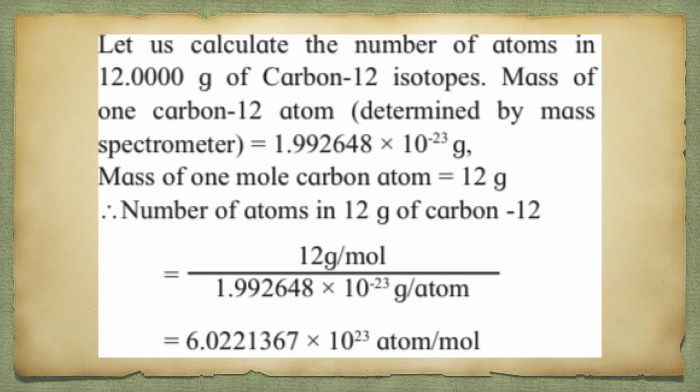Therefore, the number of atoms in 12 gram of carbon-12 is equal to 12 upon 1.992648 × 10^-23. After solving, I get the value as 6.022137 × 10^23 atoms per mole.